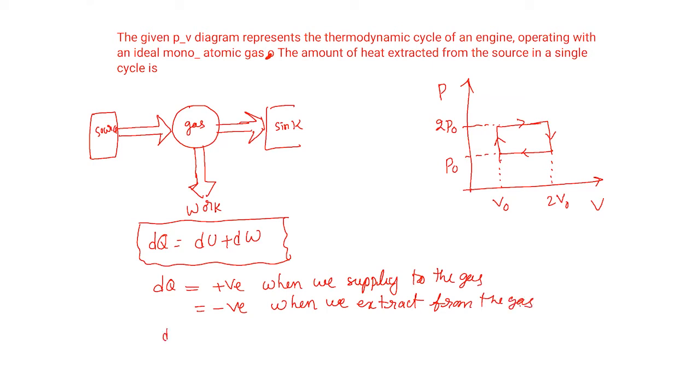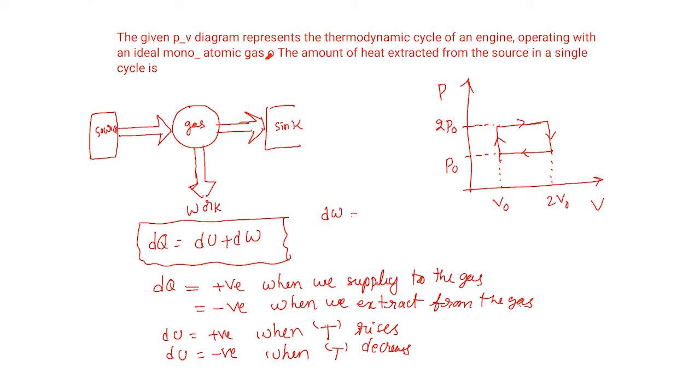And dU, what about dU? dU will be positive when temperature rises, and dU will be negative when temperature decreases. Understood? These are the sign conventions. And what about work done?